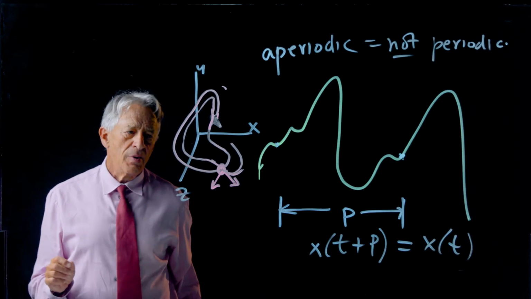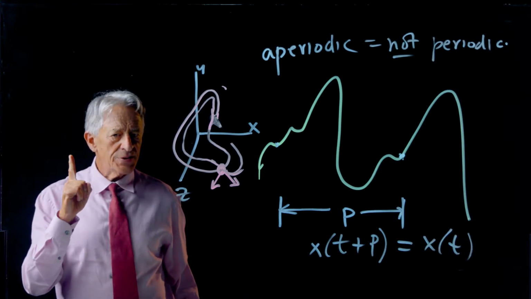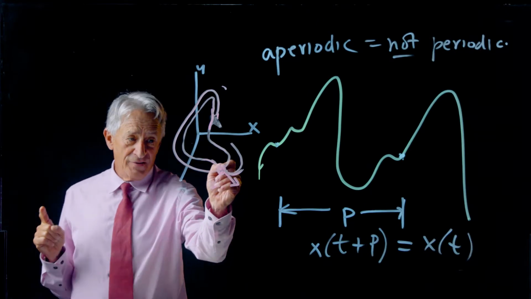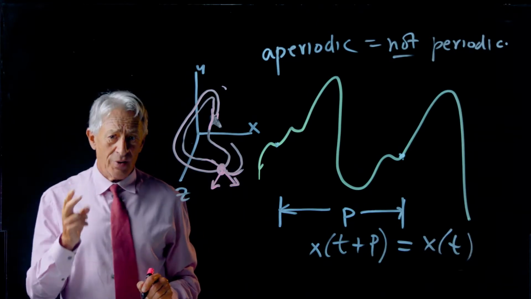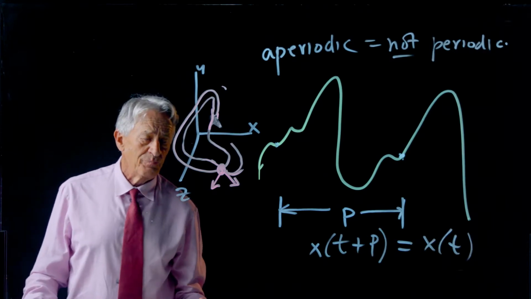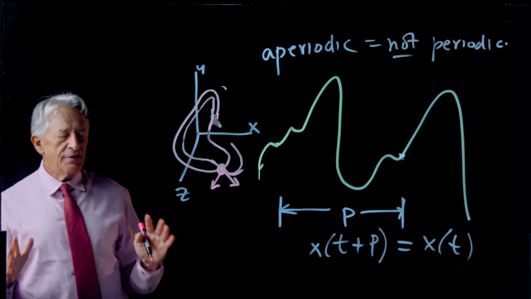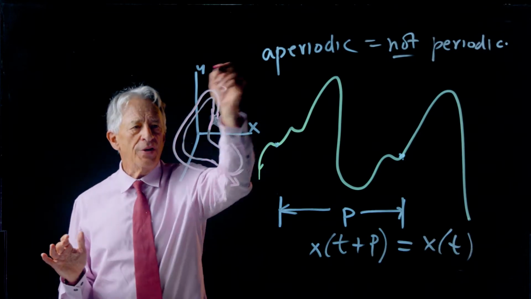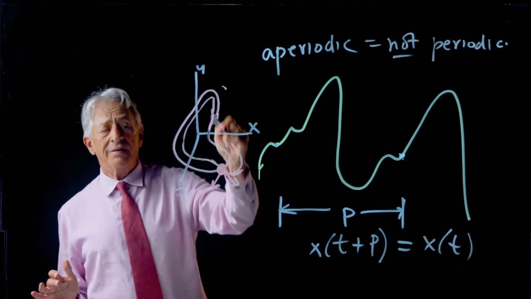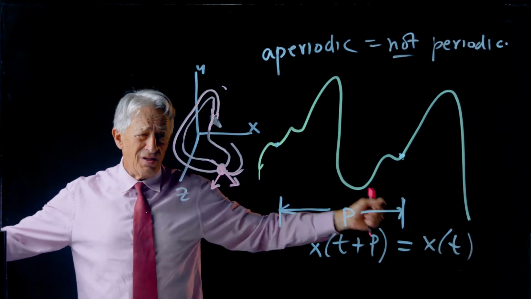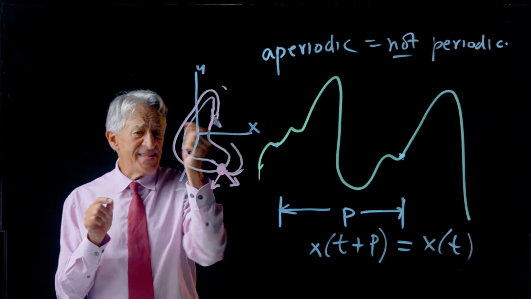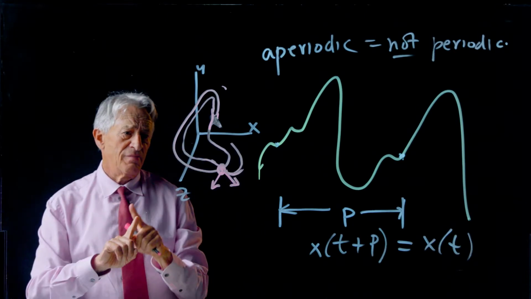Remember the theorem that says 1 point, 1 orbit. If this self-crossed, it would be 1 point with 2 orbits, and we can't have that. So this is a kind of an interesting situation. We now have to inscribe an infinitely long line that never self-intersects.